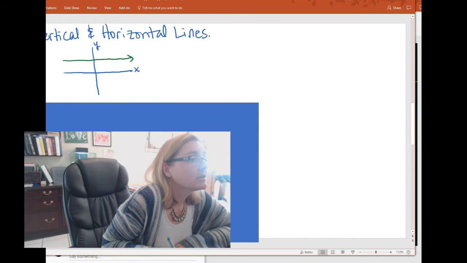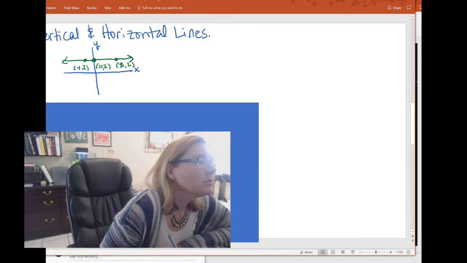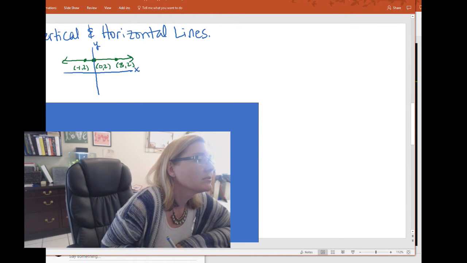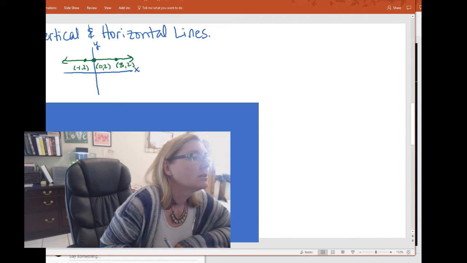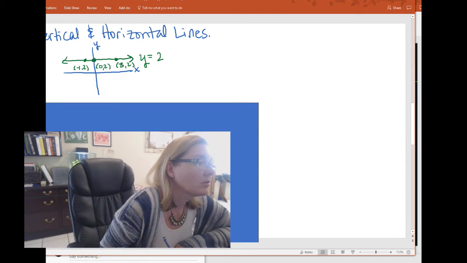This particular horizontal line goes through the point (0, 2) and the point (3, 2). It also goes through the point (-1, 2). And since it's horizontal, every single y coordinate is going to be 2. The way that we write the equation for that is simply by saying that y always has to be 2. X can be anything that we want.